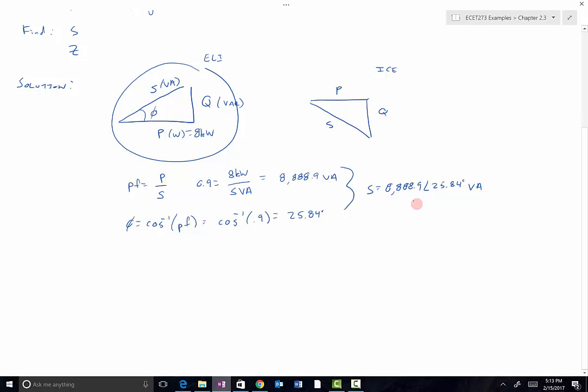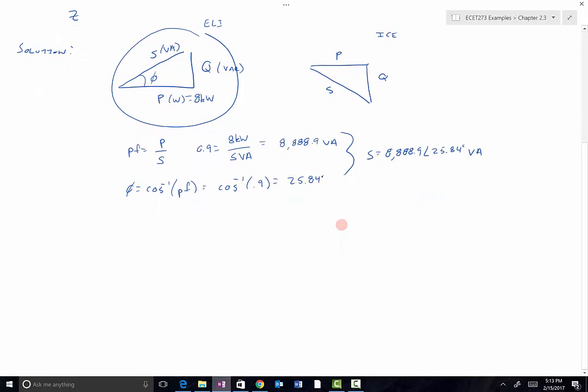We could, if we want, use that geometry to go ahead and determine Q, but it's not asked for in the problem statement. What was asked was what's the impedance of the load. So we've got some sort of load Z here, and we know that the supply voltage given to that load is 120 volts, and we know that it absorbs this power.